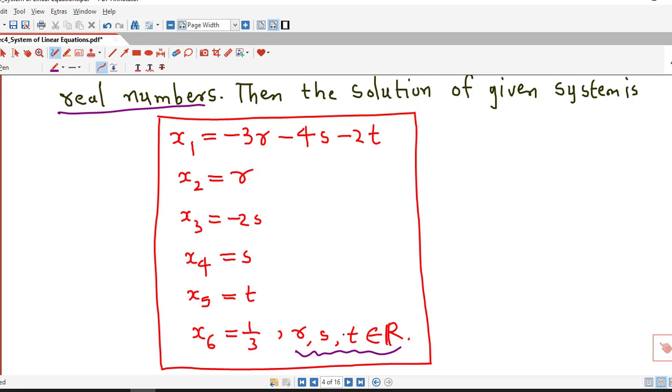Since r, s, t are any real numbers, they can have an infinite number of possible values. Therefore x1 to x6 also have an infinite number of possible values. So this is the infinite number of solutions of the given system, expressed in terms of free variables r, s and t.